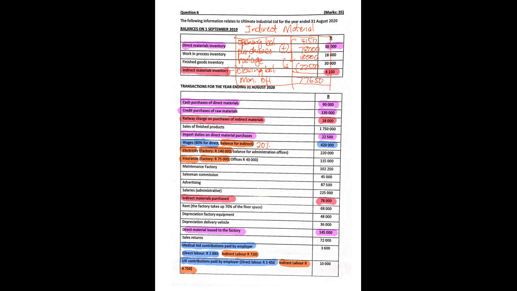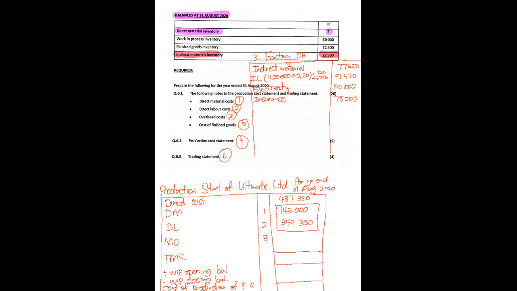Then the next one was maintenance of the factory. That was 102,250. So here, maintenance, 102,250.